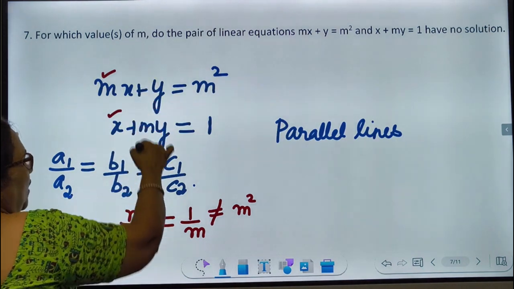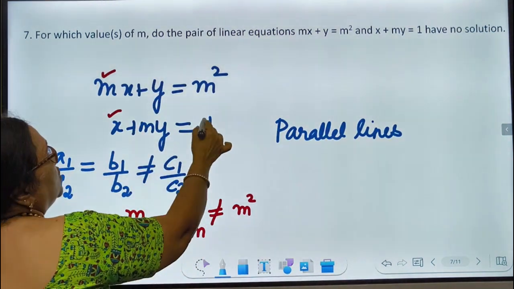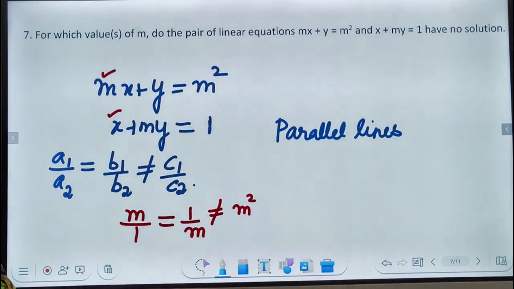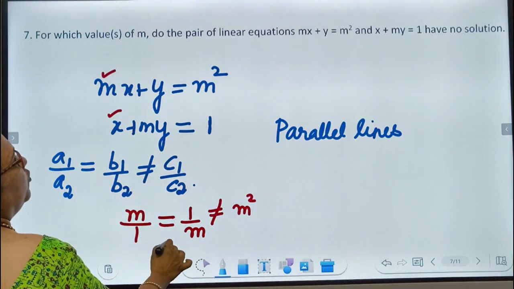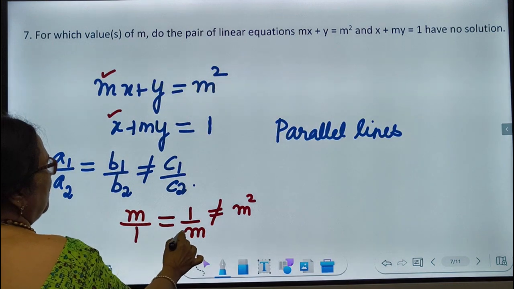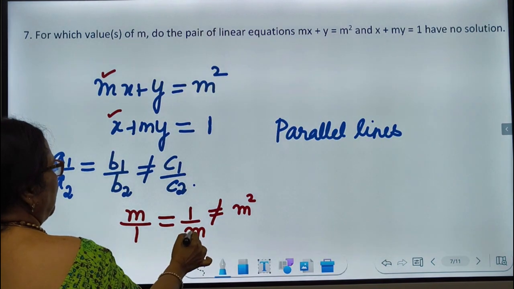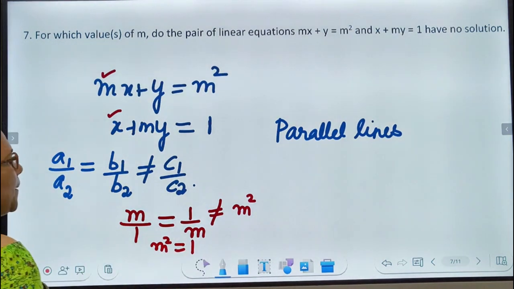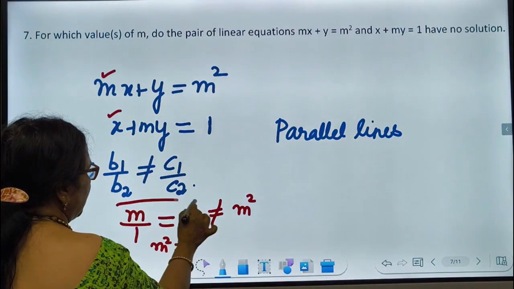Coefficient of y will be 1 by m, not equal to C1 by C2. C1 by C2 is m square. So is it possible? That's what we have to check. Now when I cross multiply, what will I get? Same thing, m square equal to 1. Let us first take this.